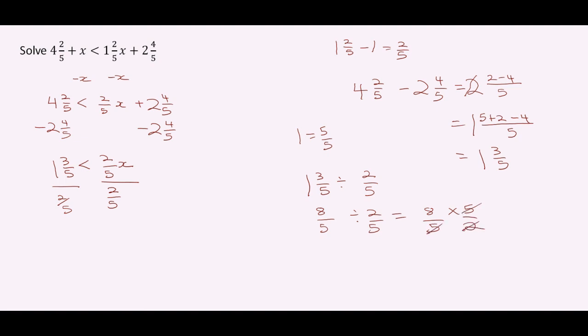This crosses out. 2 divided by 2, 8 divided by 2, you have 4. So now you have 4 is less than x, which means x is greater than 4. So let's draw the number line. We have 0 here, we have 4, open circle, x is greater than 4.